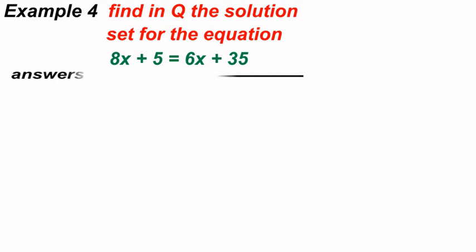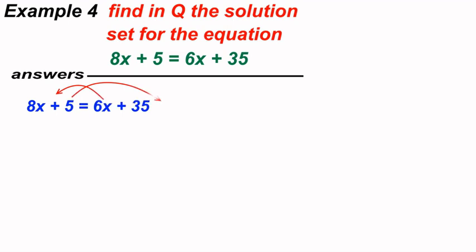So the first step in the solution, you have to collect the terms that contain the x on one side and the other numbers on the other side. So you have to move 6x to the left side and 5 to the right side by changing signs.